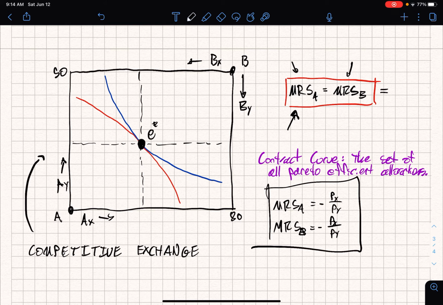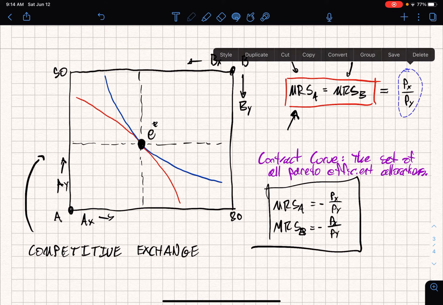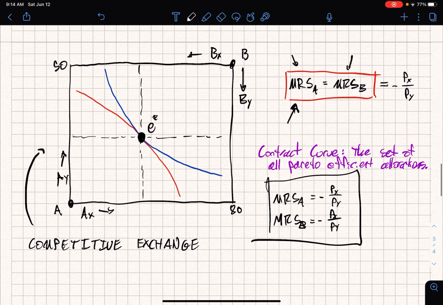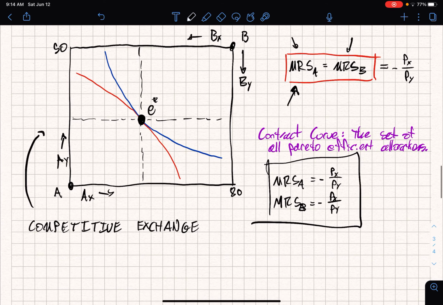We've set the two marginal rates of substitution together, which gives us prices. And let's not forget the negative. And this is the solution. This is the solution mathematically.